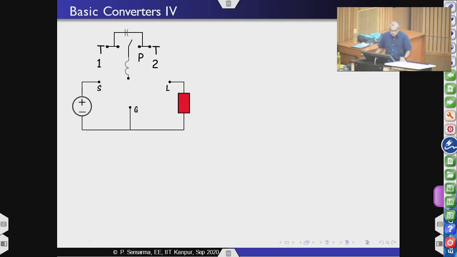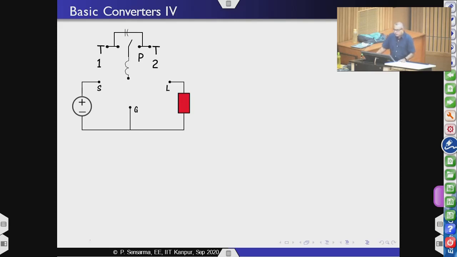So, on your screen now is the basic capacitive switch cell with an inductor connected to the pole of the SPDT. If you recall, we had put a criterion that for the capacitive switch cell at least one of the nodes out of T1, T2 and P must be connected to a current stiff element.